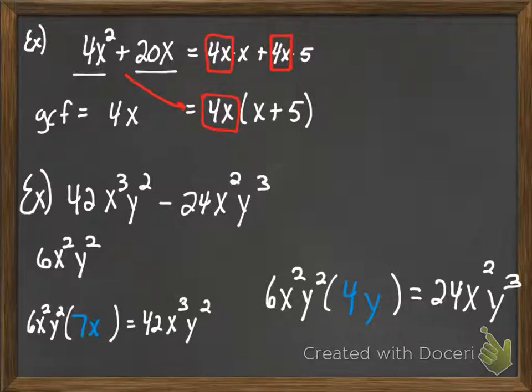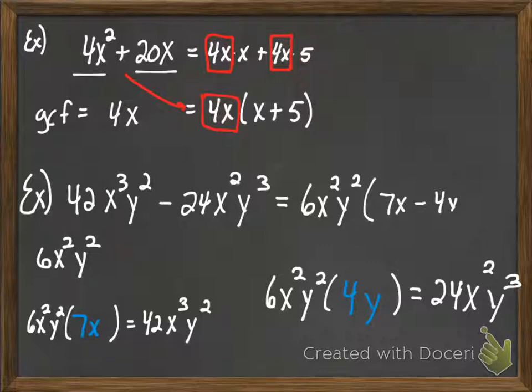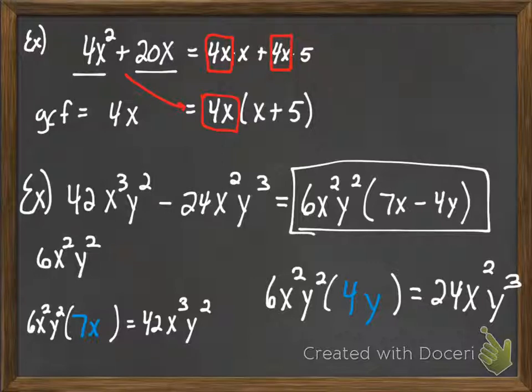Here's our GCF, 6x squared y squared. And then we fill in what we found, 7x minus 4y. The minus is coming in because that 24x squared y cubed was negative. And so now we have our answer. Okay, so we're going to continue with some more examples in the next videos of factoring out the GCF.